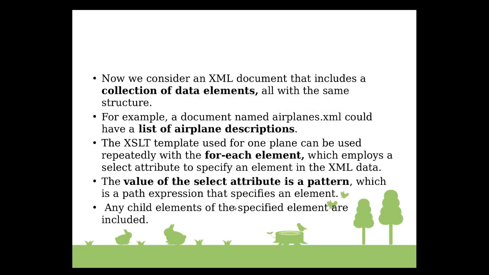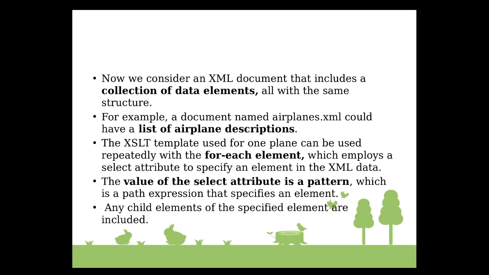So some XML documents include a collection of data elements all with the same structure. So a document named airplane.xml could have a list of airplane descriptions, all of them with similar structure. In that case, the XSLT template used for one plane can be used repeatedly for each element, which employs a select attribute to specify an element in the XML data.